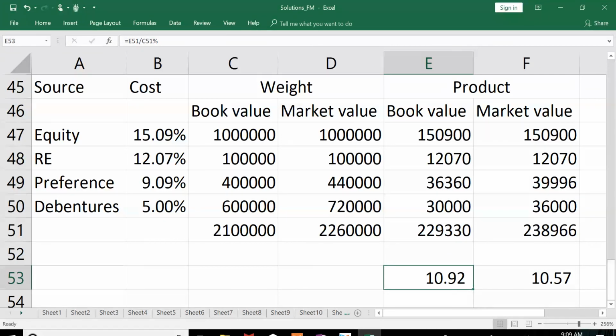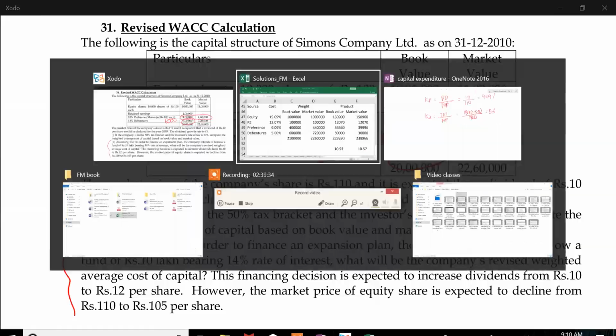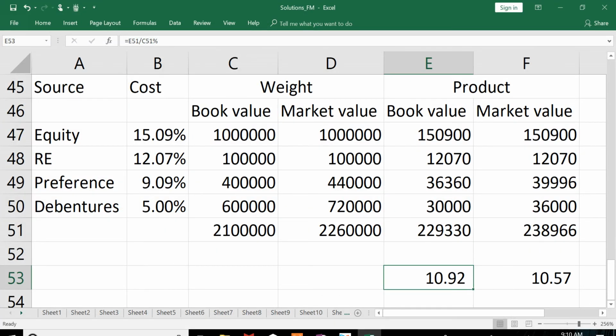The market value of equity has to be split into equity and retained earnings in the ratio of 10:1. The market value of equity is 10,000 shares into 110.